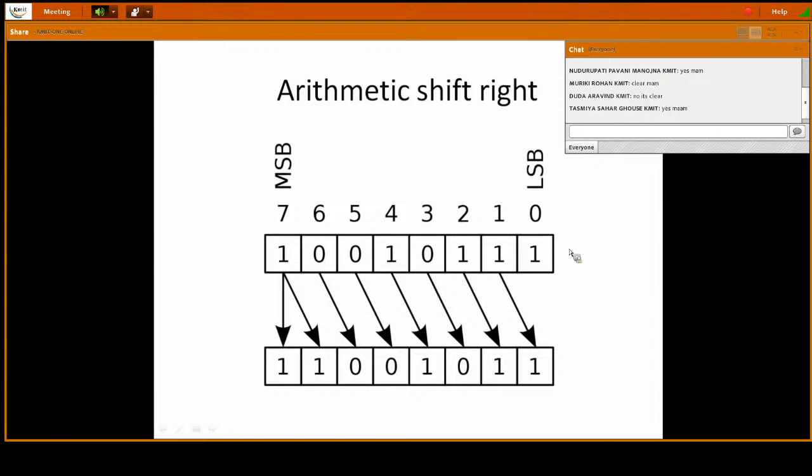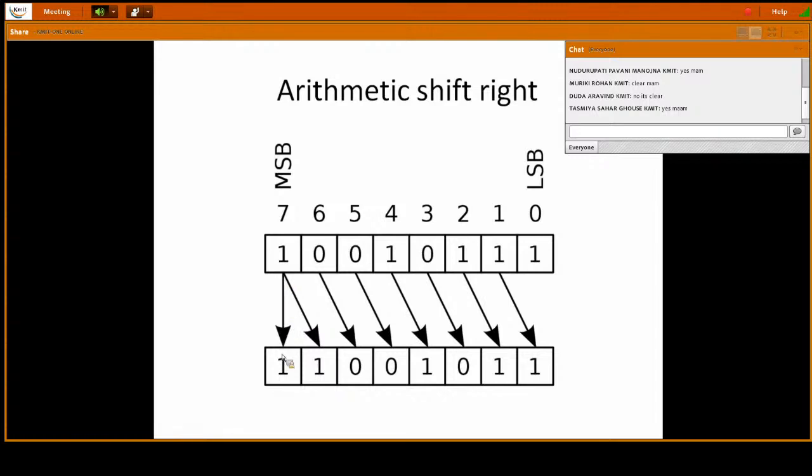The corresponding decimal value for this is 16. When you perform an arithmetic right shift, what happened? You will get a value as 8, 16 by 2. The result will be a division by 2. If it is minus 16 by 2, it will give minus 8. So, the same sign will be copied in the MSB position.